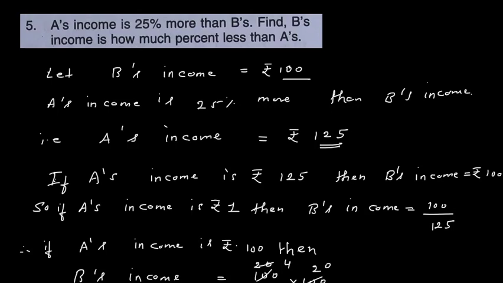The other way is that you consider B's income is X percent less and then try to get the answer. But that will become a little more confusing. This is the simplest way. So when you have to find B's income in terms of percentage, how much more or less, you always have to understand what I will get if A's income becomes 100 rupees.